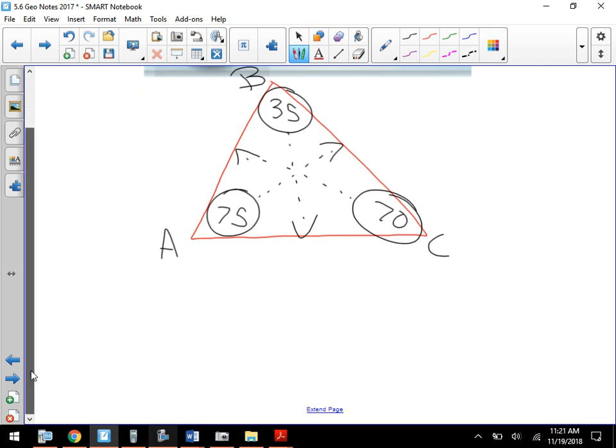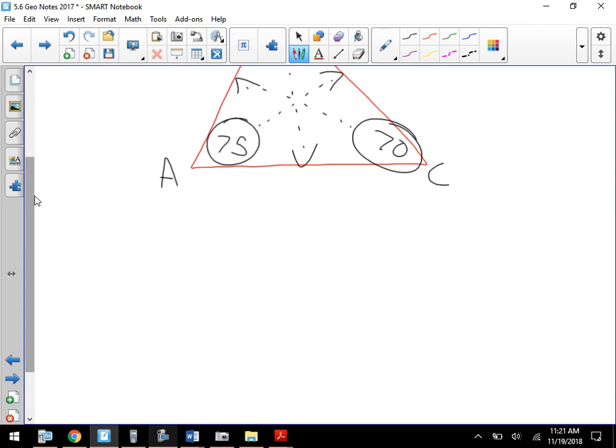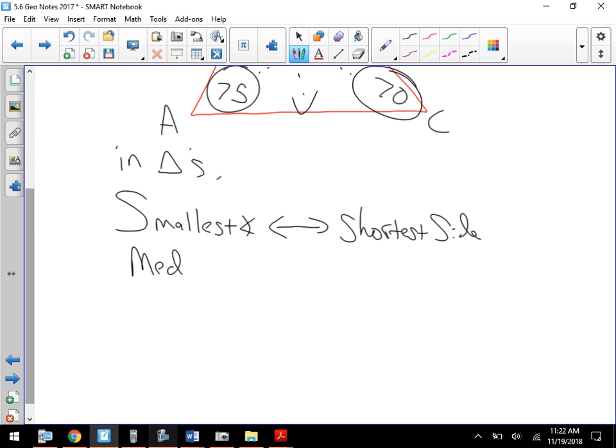Basically what this means, ladies and gentlemen, and this is a rule, in triangles, the smallest angle is always across from the shortest side. The medium angle is across from the medium side.